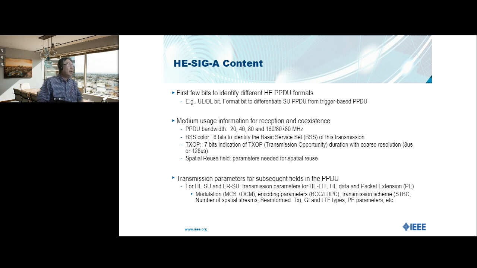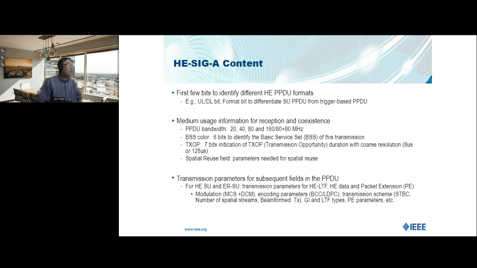Essentially, this is trying to identify whether this transmitted PPDU is from your own AP, or in other words, your own cell or your BSS, or it's from an OBSS. OBSS, you can just think of as another cell operated by other APs. So there are 6 bits there to identify the BSS. BSS is the basic service set of this transmission.